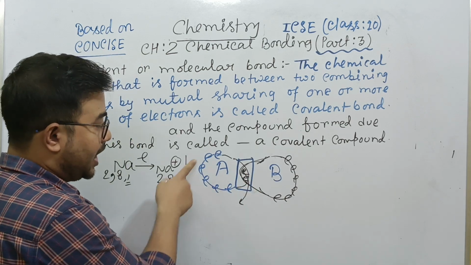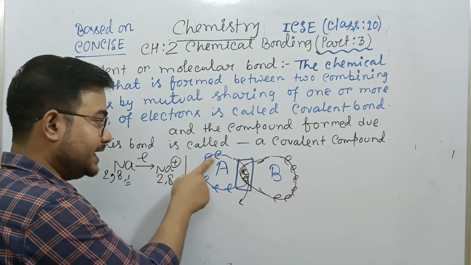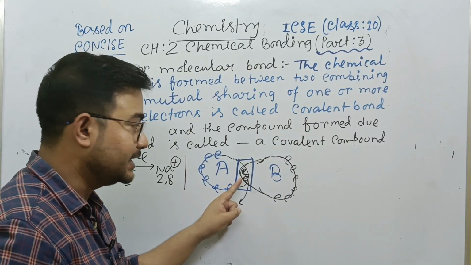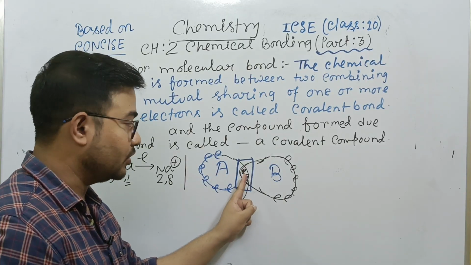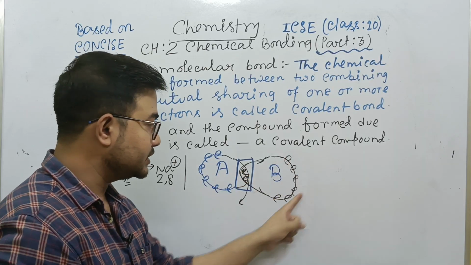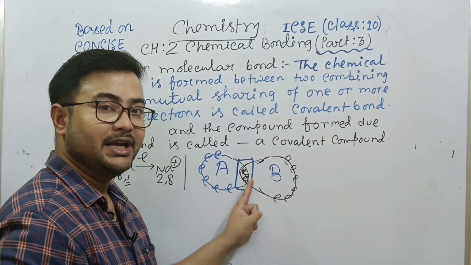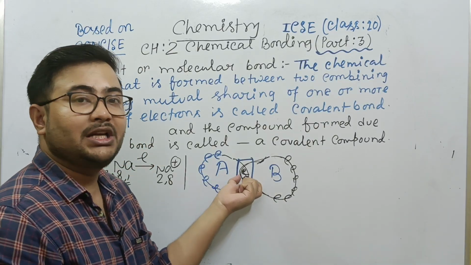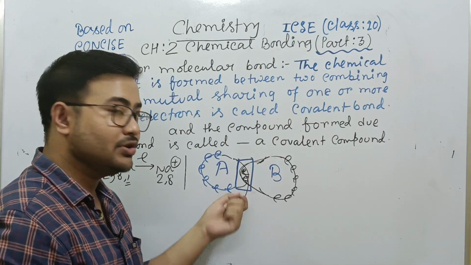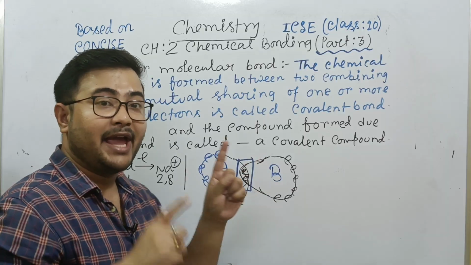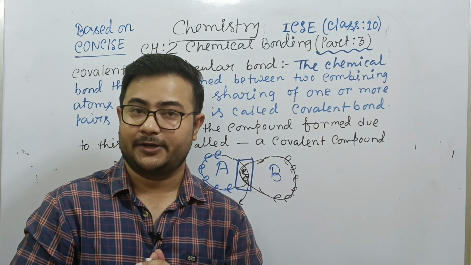Now in A, how many electrons are present? 6, plus 2, 8. Since these are common electrons, they can be used by both. Here also 6 electrons, so 6 plus 2, 8. By mutual sharing of the electrons in the common space, these electrons are used by both and fill up their octet.